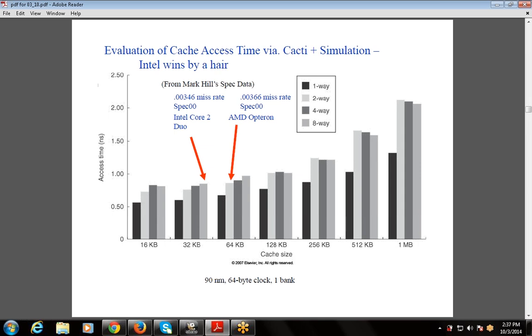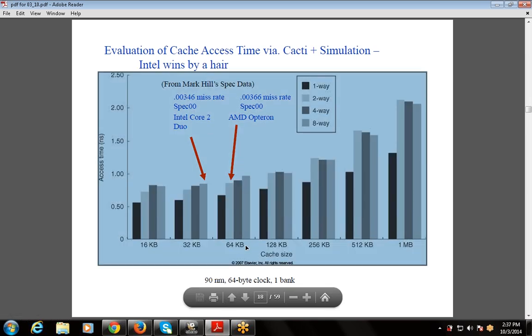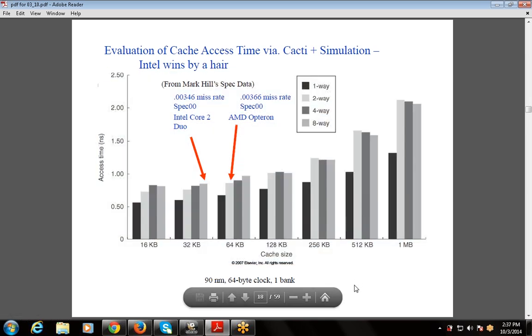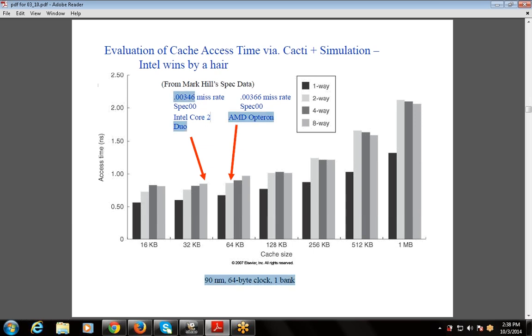This is 16-bit, this is 32-bit, this is 64-bit, 128, 256. These are the access times: 0.5, 1, 1.5, 2, 2.5. This shows 0.00346 miss rate, that is FAC00 Intel Core 2 Duo.